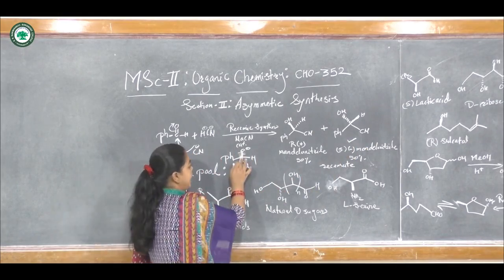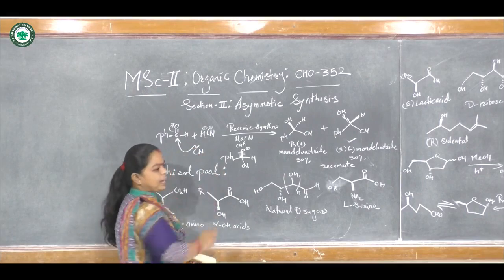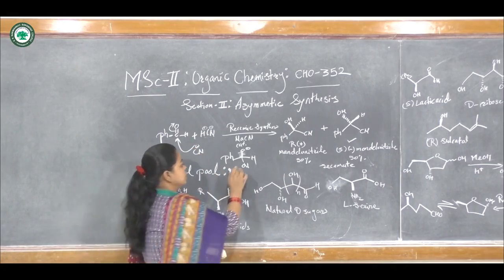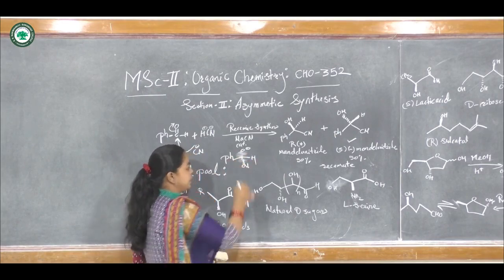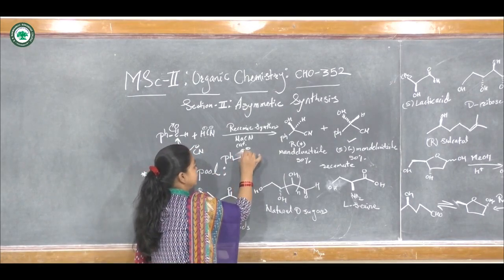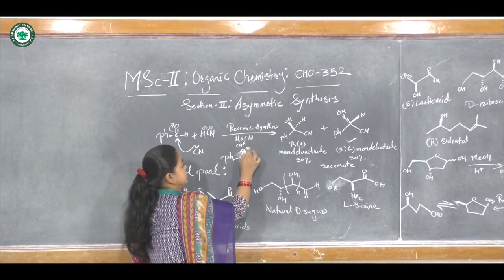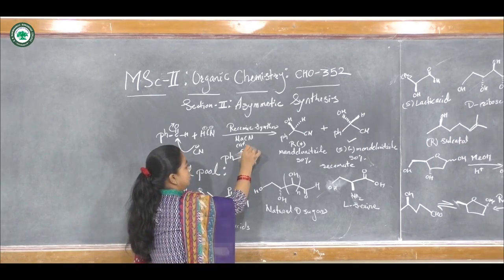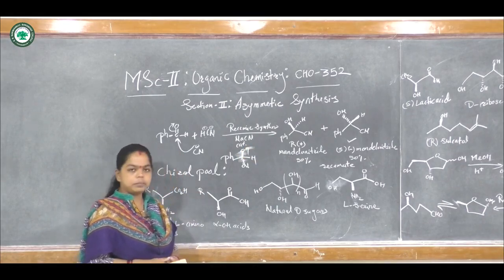When the cyanide attacks from the below side or the back face of the carbonyl group, the cyanide ion gets attached to carbon from the back side, and this O minus becomes beta oriented, so the R plus mandelonitrile compound is obtained.